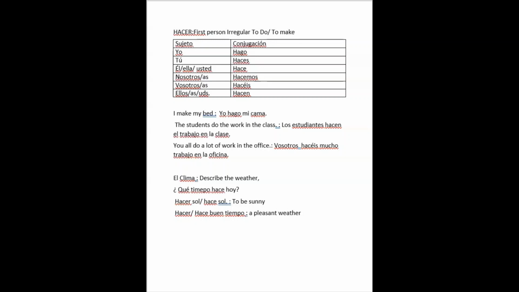And hace mal tiempo means bad weather, in the sense that it is too sunny, or there is a lot of wind, etc. So bad weather, or it's a bad weather.